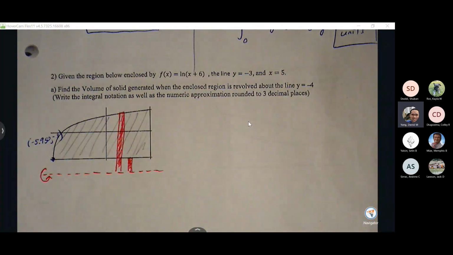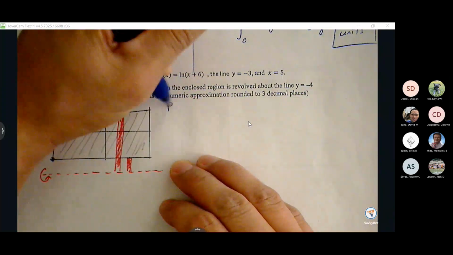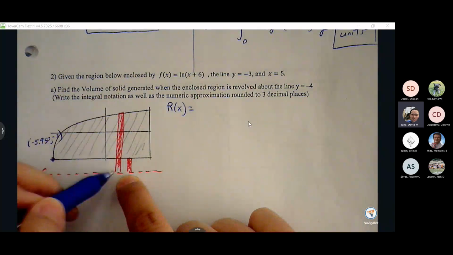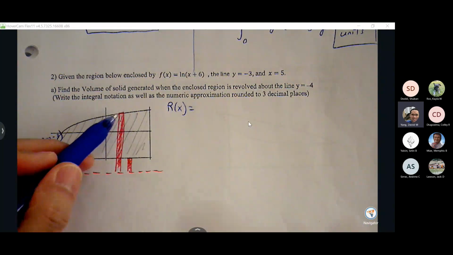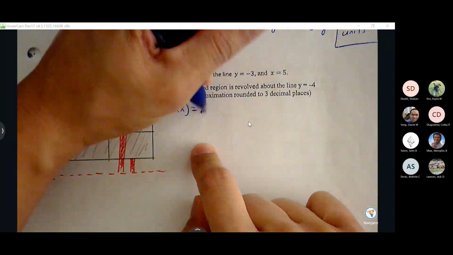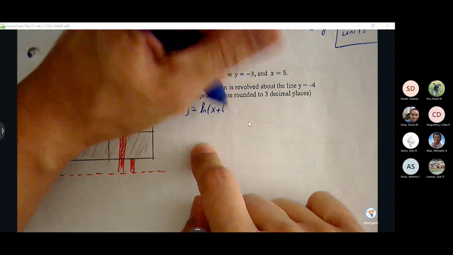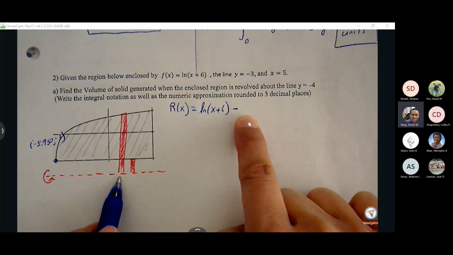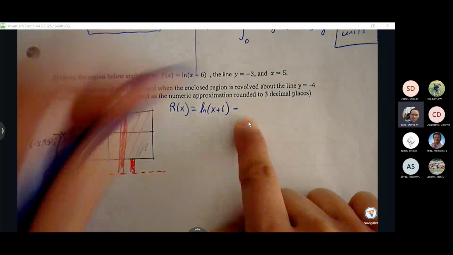All right, let's build our radius. Big R, top minus bottom. The top of big radius is sitting on the curve, minus bottom. The bottom of my big radius is sitting on the -3.